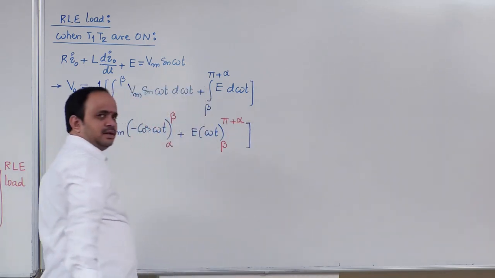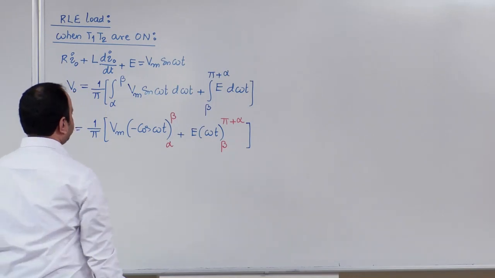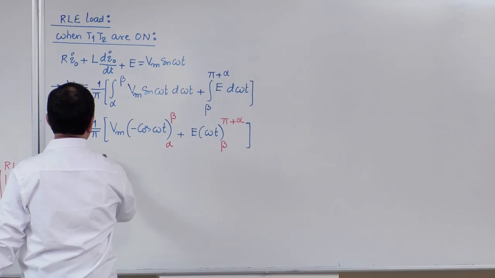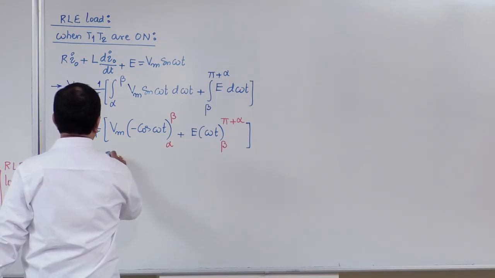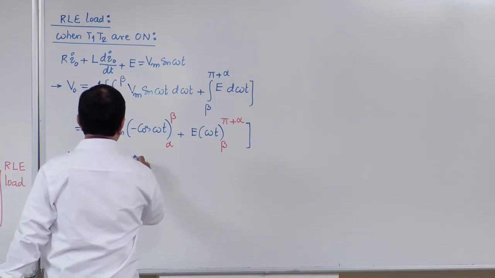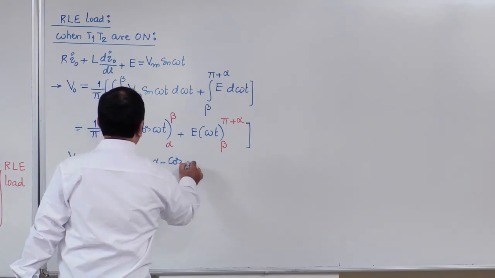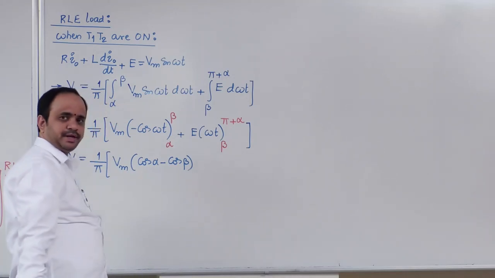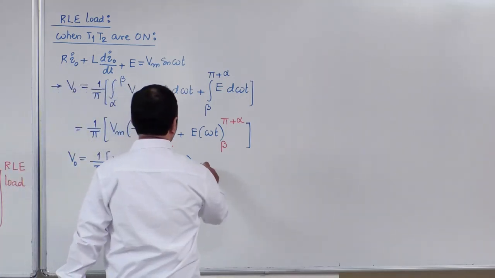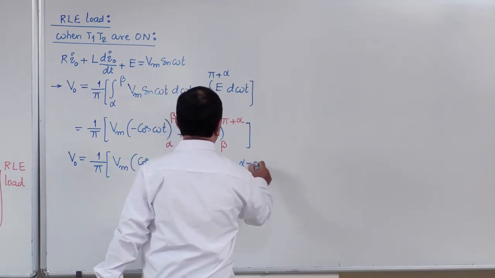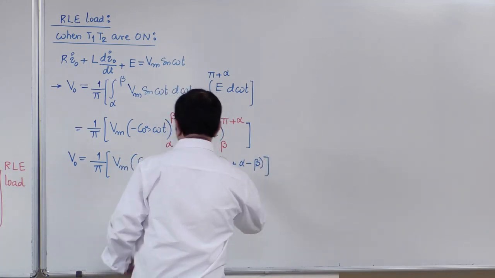Therefore, average output voltage we can write as 1 by pi, Vm multiplied with cos alpha minus cos beta, plus E into pi plus alpha minus beta.